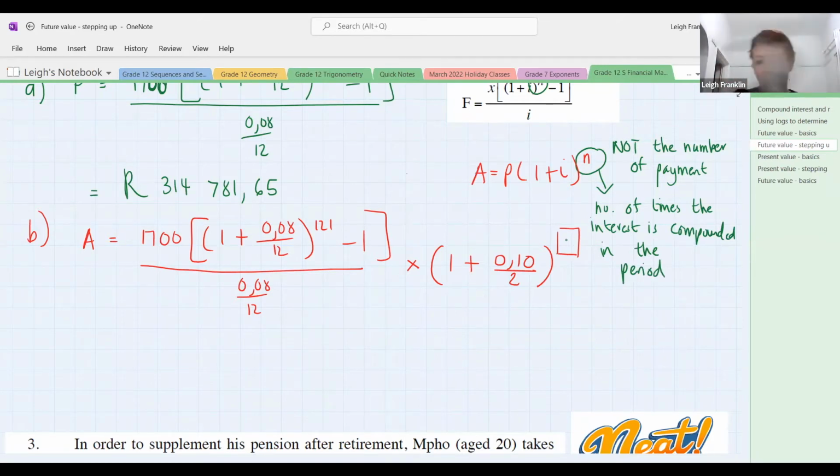Like with Craig at the beginning, he saved money, compounded monthly for a period of 3 years. So that's why we said 12 times 3, because it was compounded 36 times in 3 years.